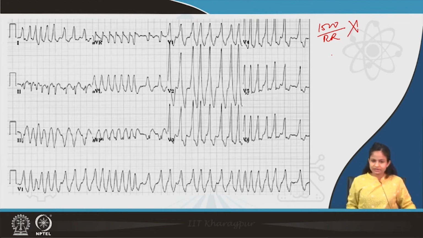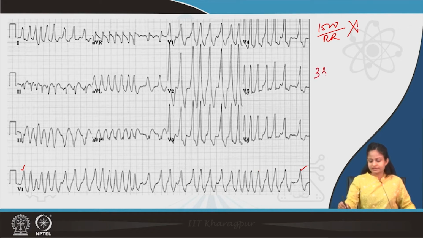Here we count the number of beats in 10 seconds. Suppose I count from here to here, we get 1, 2, 3, 4, 5, 6, 7, 8, 9, 10, up to 33.